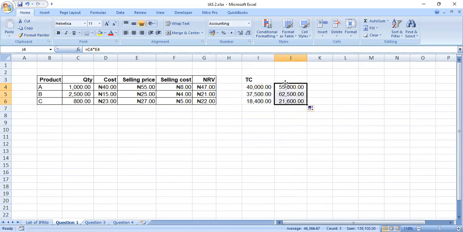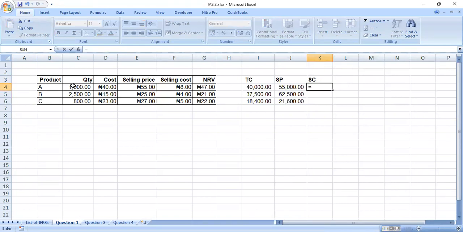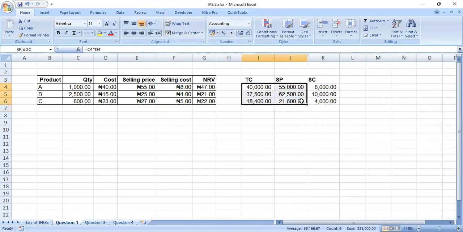And then you put all of this down, and you call this the selling price. Then the selling cost, you want to multiply this by the unit selling cost. And then you have the total here. You want to do a total for each of them.